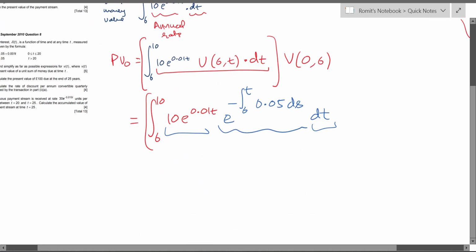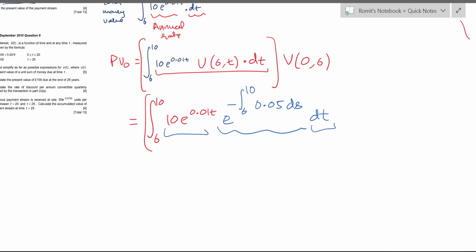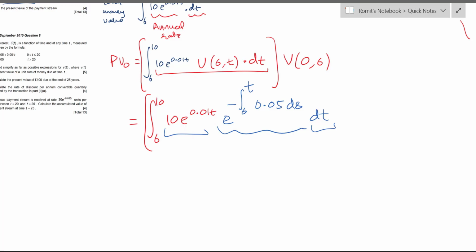That's why we are not using fixed limits here. We are not saying 6 to 10 here, because that would just be the discount factor from time 6 to 10. But here we are not trying to discount from 10 to 6. We are trying to discount this arbitrary payment 10 e to the power of 0.01 t dt, which happens at this representative time t, to time 6.